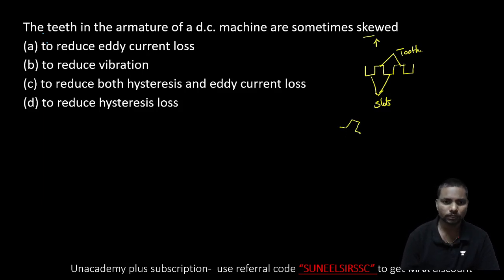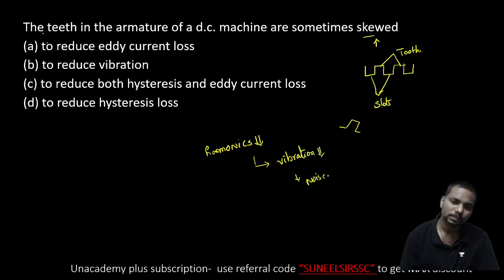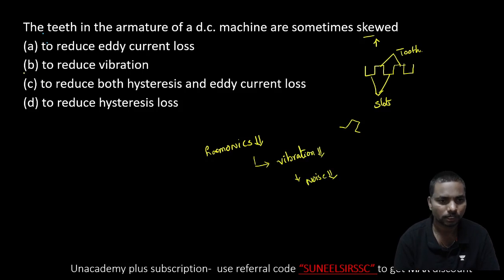So due to this angle, what will happen? The harmonics are reduced. Harmonics are the cause of vibrations and noise. So harmonics are reduced means vibration is reduced and noise is reduced. So the answer is option B.